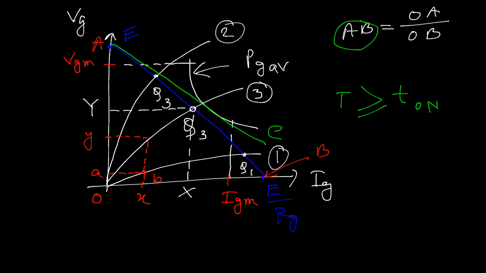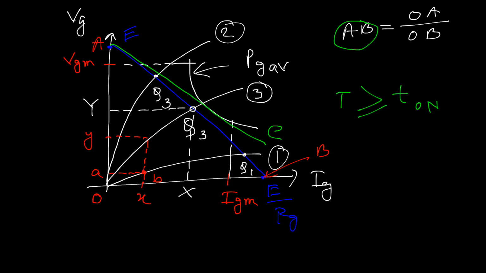That means if we apply a triggering pulse T that is less than T on, the anode current will not be able to reach IL, the latching current, and then the thyristor might turn off at any instant.